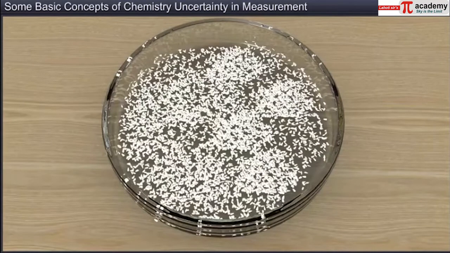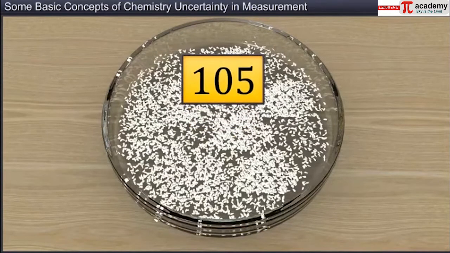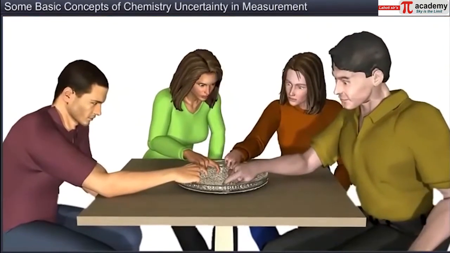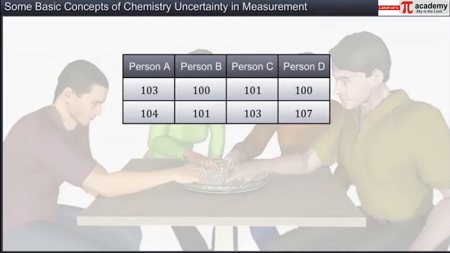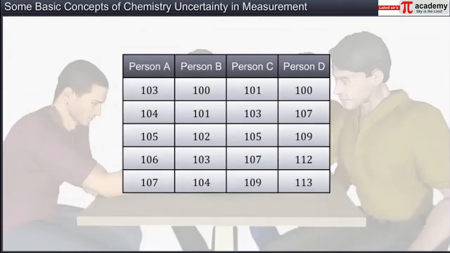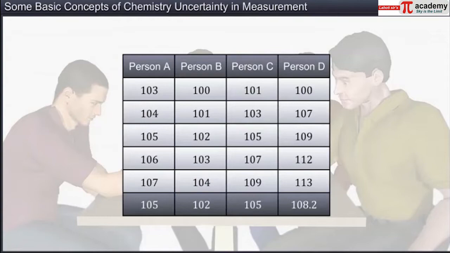One way of ascertaining the accuracy of measurement is to repeat it. Let's assume that we know that there are 105 grains in the bowl. Thus, the correct value of measurement is 105. Now, let's say we ask 4 people to count the grains, each 5 times. Shown here is the data of each person.